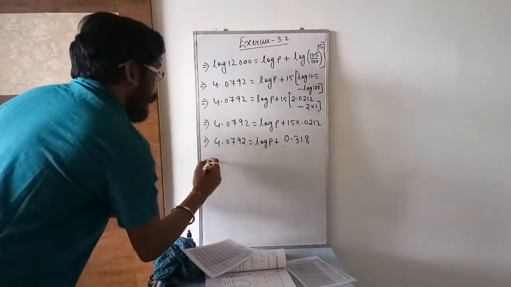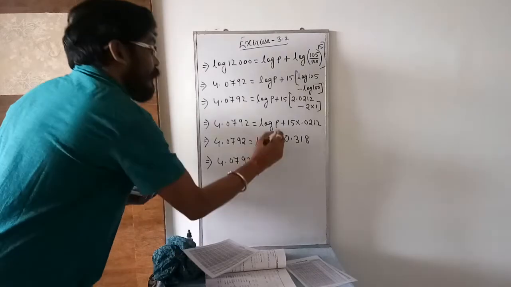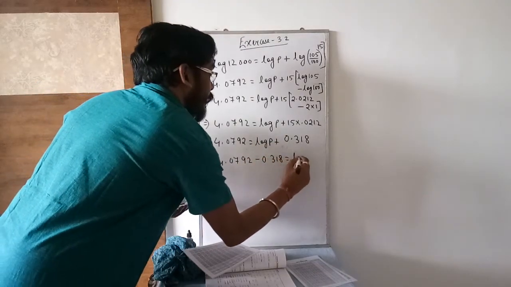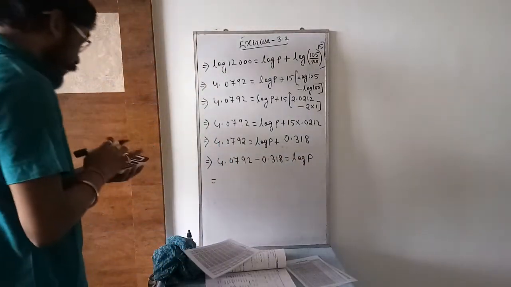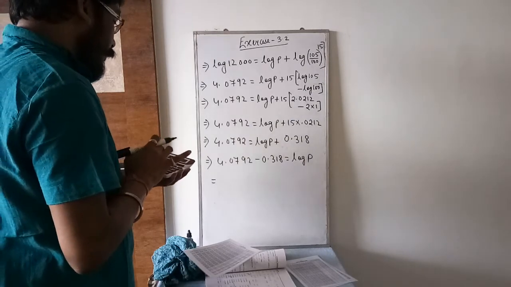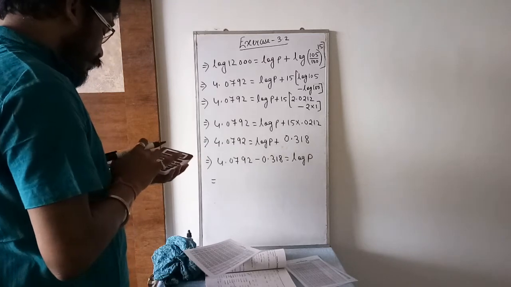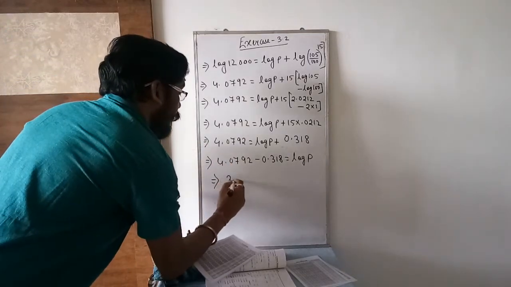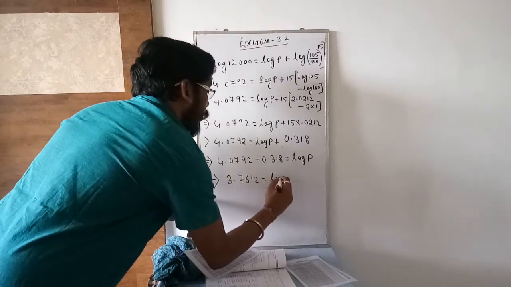So let me shift this to the other side. 4.0792, it was plus, it will become minus 0.318. It is log P. If I do 4.0792 minus 0.318, it will be 3.7612 equal to log P.